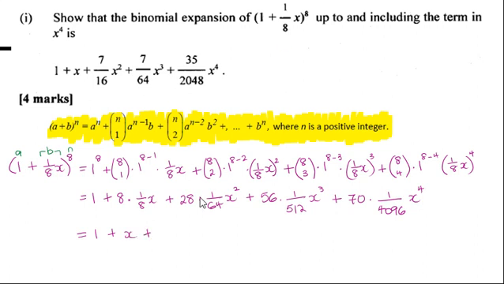So if you put this into your calculator, 28 times 1/64, you're going to get 7/16 x squared, plus, if you plug this one in, you're going to get 7/64 x cubed, and then finally, if you put this one in, you're going to get 35/2048 x to the 4.